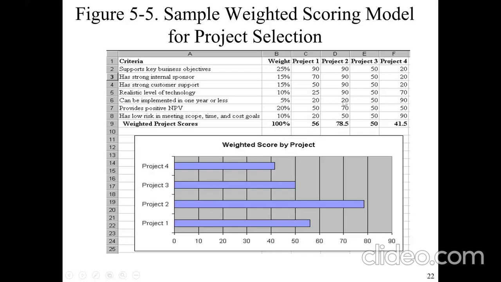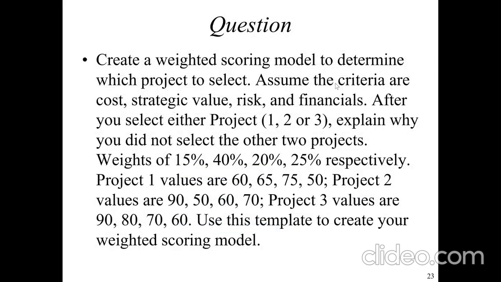When you follow the calculation throughout, you can see that this one is 50% of all, so total 50% of 100%. And it goes on. So this means that if we are selecting a project to do, it should be project 2, because it is the one that has got the highest weighted score. And that is how to use the weighted scoring model to select a project.